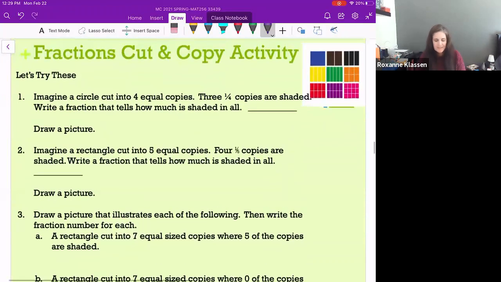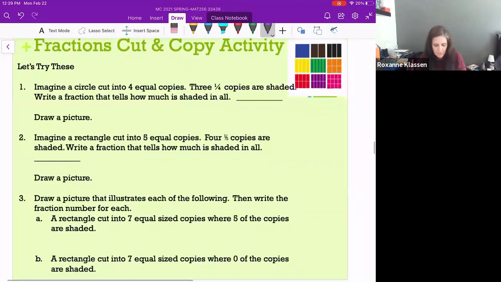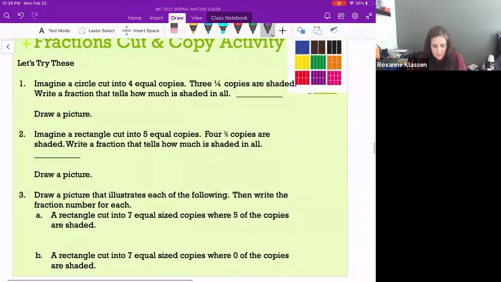Here's a cut and copy idea I want you to think of. Imagine a circle cut into 4 equal copies. 3 1/4 copies are shaded. Write a fraction that says how much is shaded in all, and draw a picture. We should be okay with this. We're going to draw a circle. We're going to cut it into 4 equal pieces, and we're going to shade 3 of those pieces.